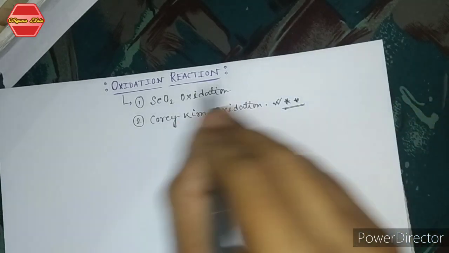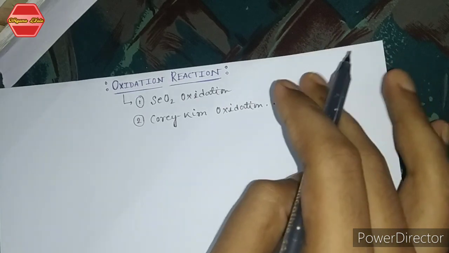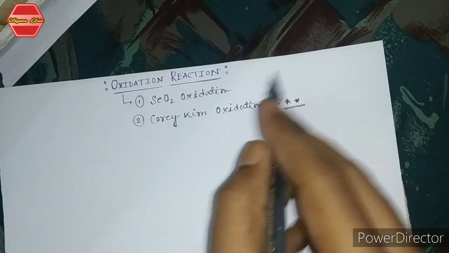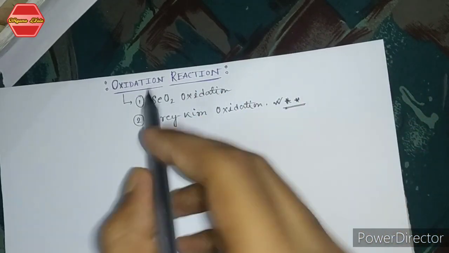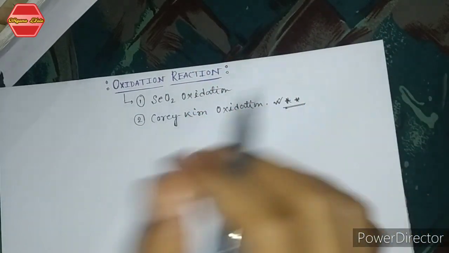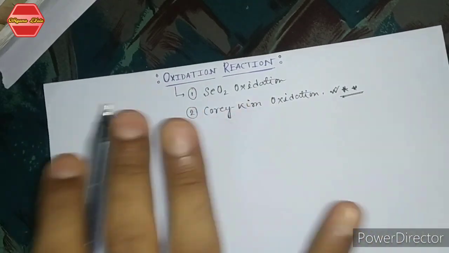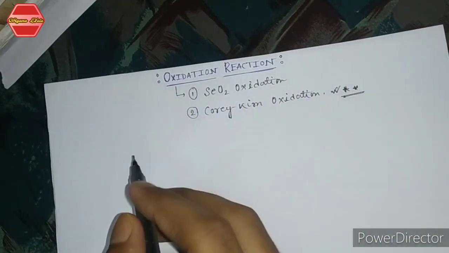You have to know the mechanism, how the reaction works, and what the reagent is. In selenium dioxide oxidation, selenium dioxide is the only reagent. First let's discuss the selenium dioxide oxidation.